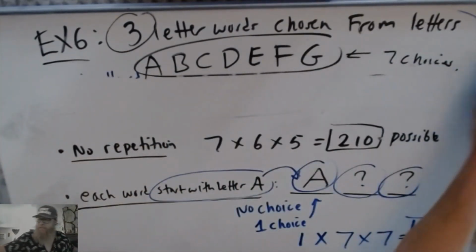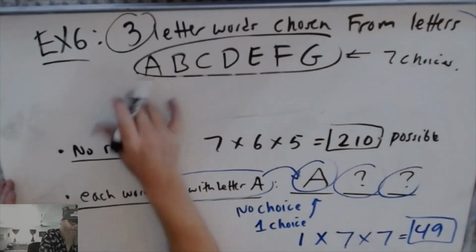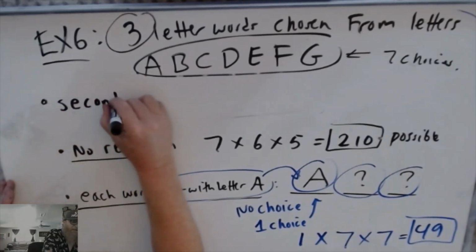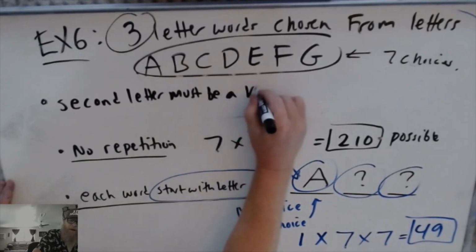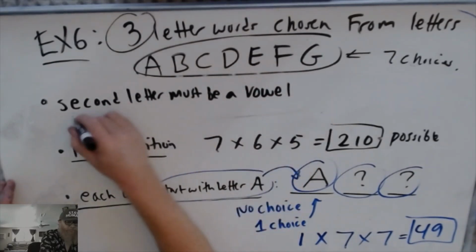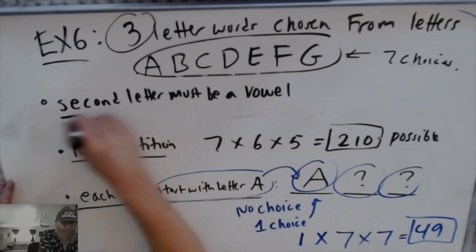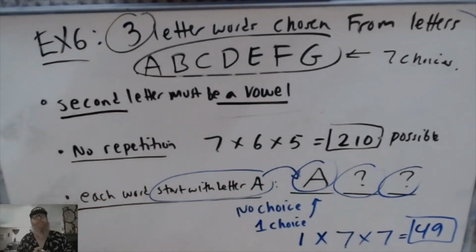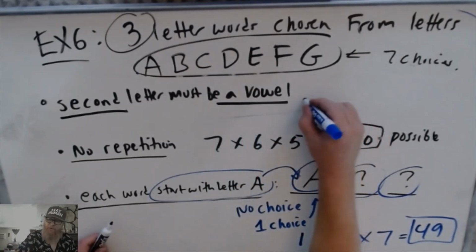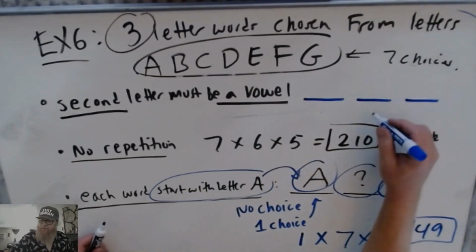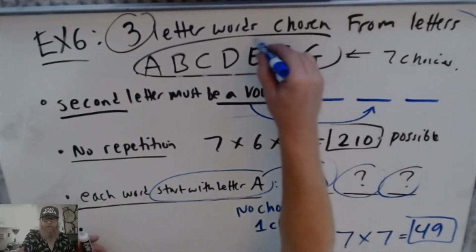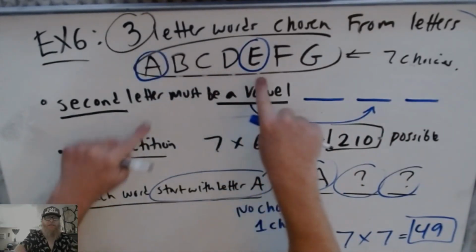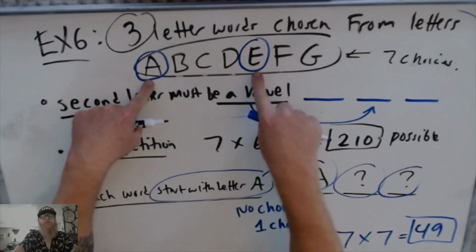What if I said the second letter must be a vowel? Now it's getting a little bit tougher. So I have the second letter must be a vowel. Using these letters, there are only 2 vowels.